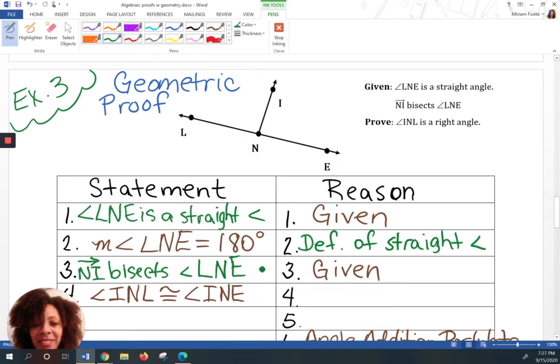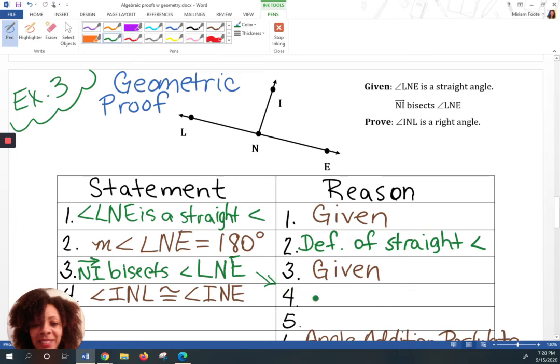So from this, the next statement says, and I'm looking at everything above it, angle INL is going to be congruent to angle INE. And this is coming after I realized that I have a ray that bisects that line. So therefore, it's kind of delayed. Since I didn't use the reason here, I used given instead, so it's kind of delayed.